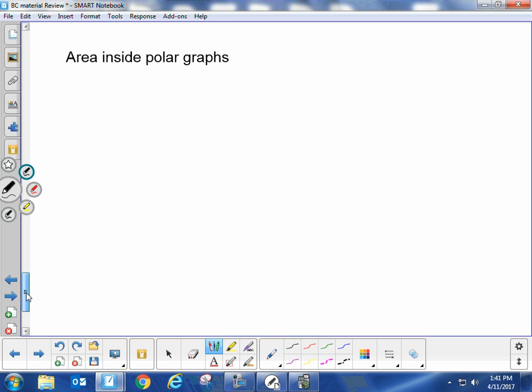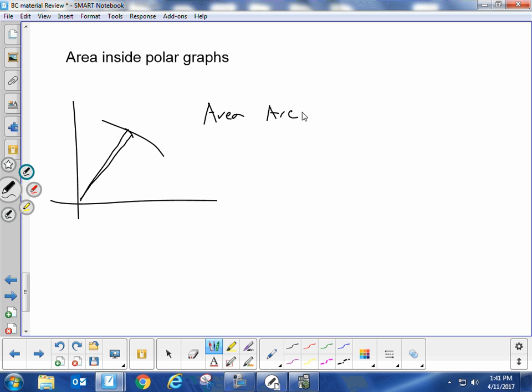Okay. Now, area inside polar graphs, what we end up doing is we take our polar curve and we split it into little teeny tiny pizza slices. Now, this ends up being kind of like an arc of a circle with this teeny tiny pizza slice. And now the area of an arc is, well, pi r squared is the area of a circle, but we're just taking a portion of it.